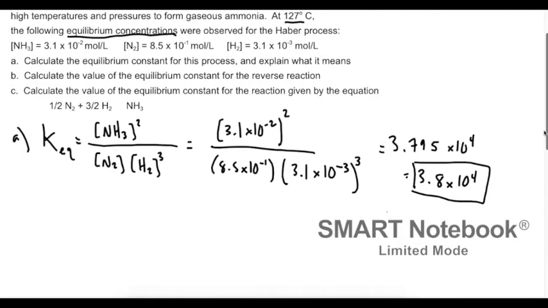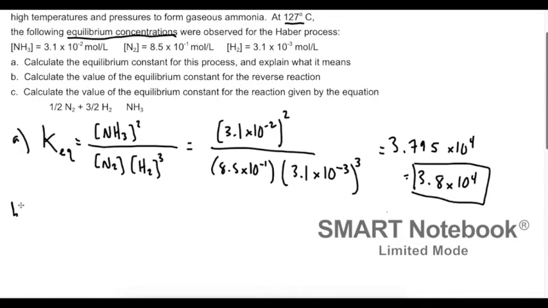All right, part B is calculate the K value for the reverse reaction. So the reverse reaction would just be looking from ammonia's perspective now. So I'm going to take my equation from earlier and just flip it. And I am looking from the perspective of ammonia.